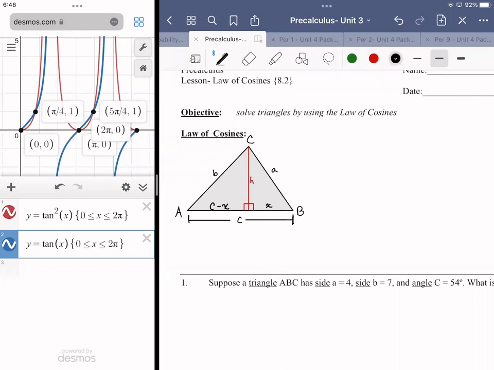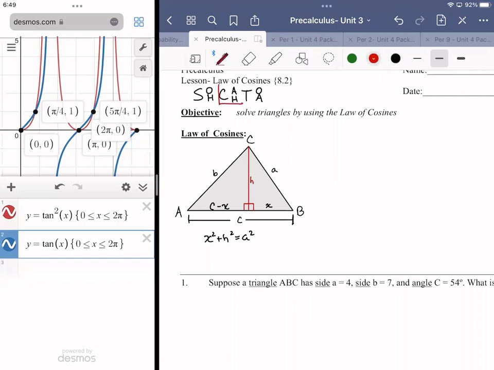But what I can say is, because I have a right triangle here, I could say something like x squared plus h squared is equal to a squared. All right, a little Pythagorean theorem. I also have SOHCAHTOA, like I was mentioning before. Sine is opposite over hypotenuse. Cosine is adjacent over hypotenuse. Tangent is opposite over adjacent.